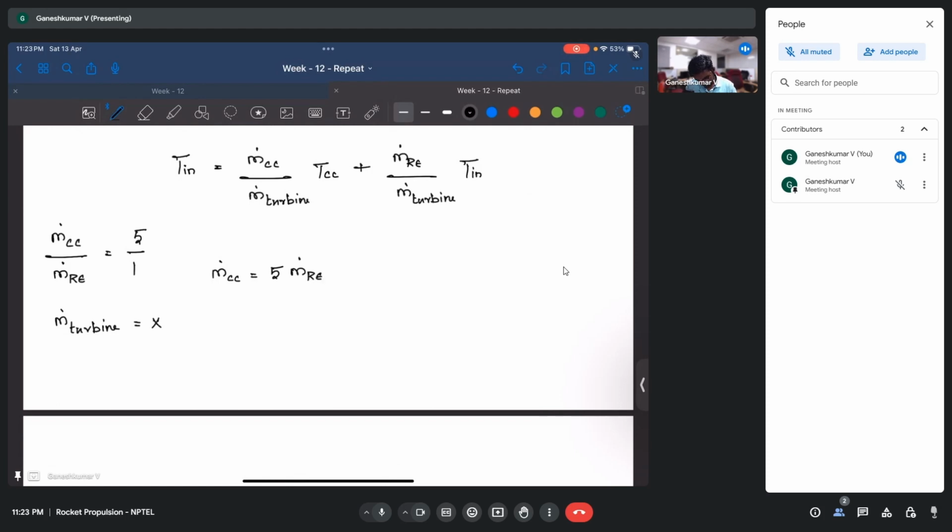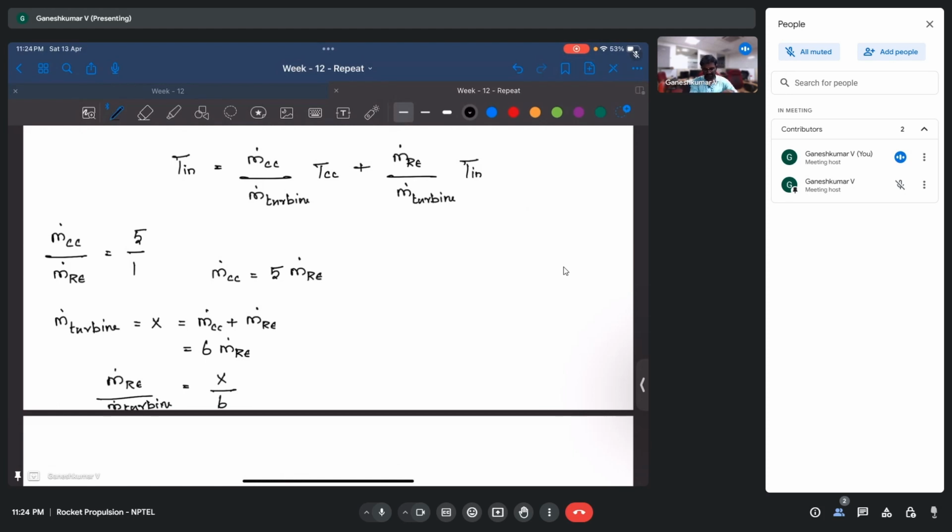And m dot turbine is nothing but m dot cc plus m dot re, which is equal to 5 m dot re plus m dot re, so 6 times m dot re. So now we can write m dot re by m dot turbine is equal to some x by 6.